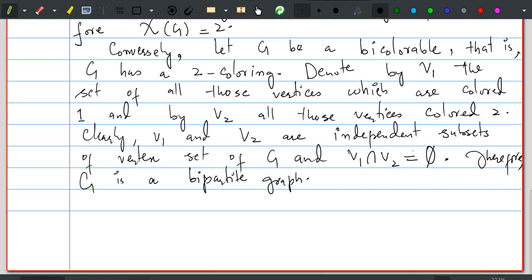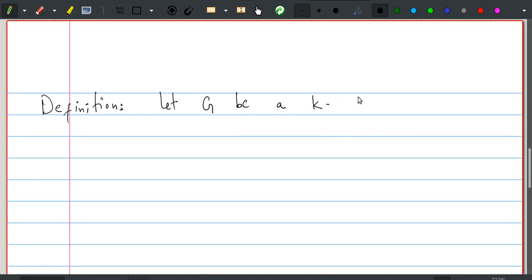Now let us move towards the critical graphs. So we have the definition. Let us consider a graph G. Let G be a k chromatic graph.